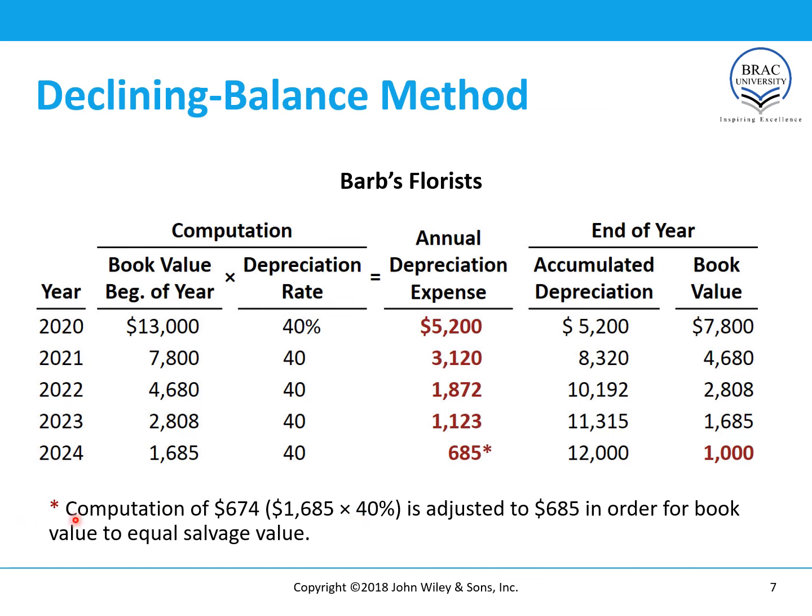The computation actually comes to $674. However, it has been adjusted to $685 in order for the book value to equal the salvage value. So when we have this kind of different figure when we multiply this by this, we will have to adjust it in such a way that the remaining balance becomes the salvage value. So this is what we did here.